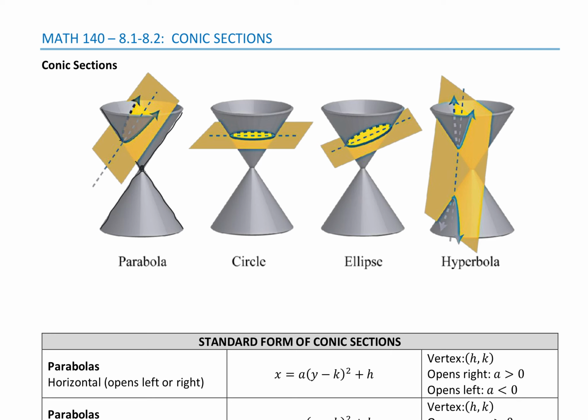Now, if you intersect a conic with a plane that's slanted and just passes through the rim of either the upper or the lower cone, then you will get the shape of a parabola. We've talked about parabolas, but now we're going to look at them in a different way.